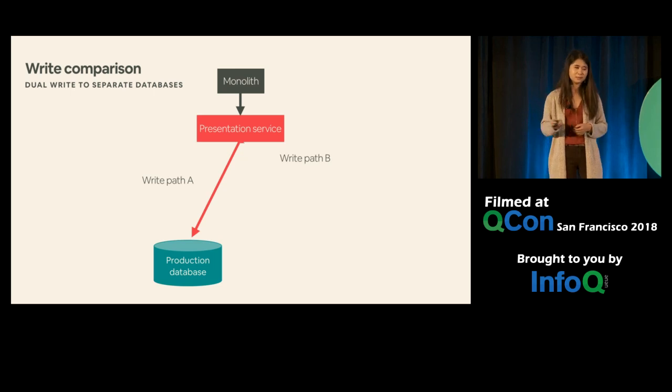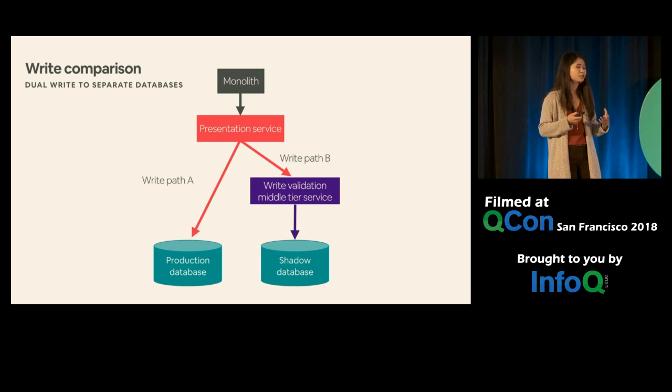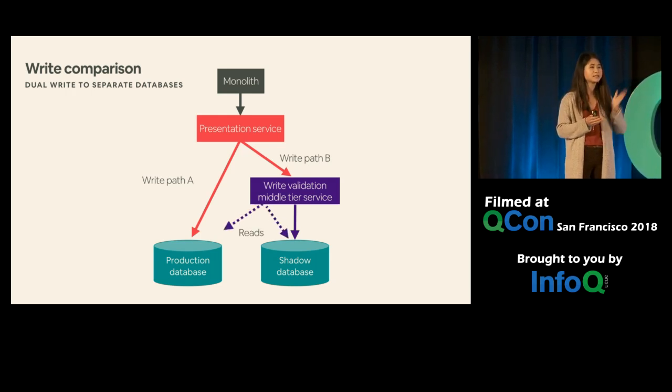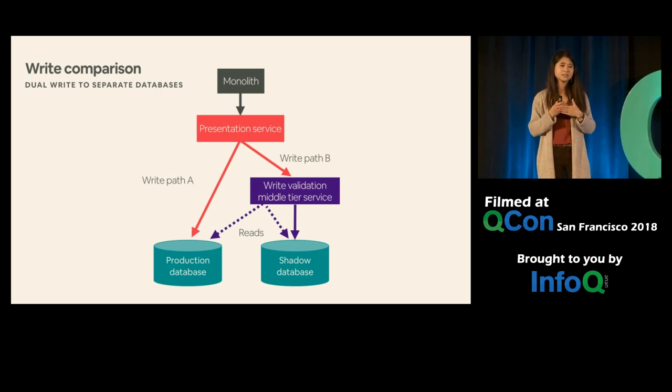We call this write path B, and we compare it by having the middle tier service write to a separate shadow database. The middle tier service can then issue strongly consistent reads against the production database and the shadow database, compare the responses to look for any mismatches.